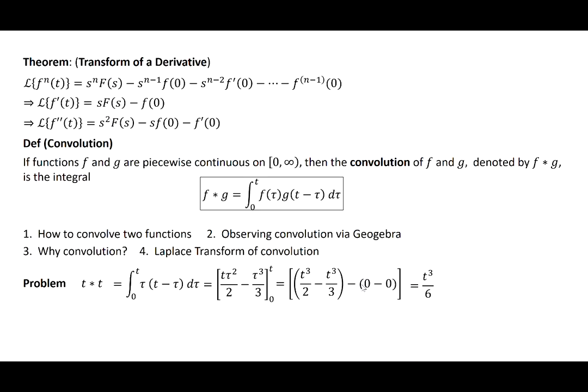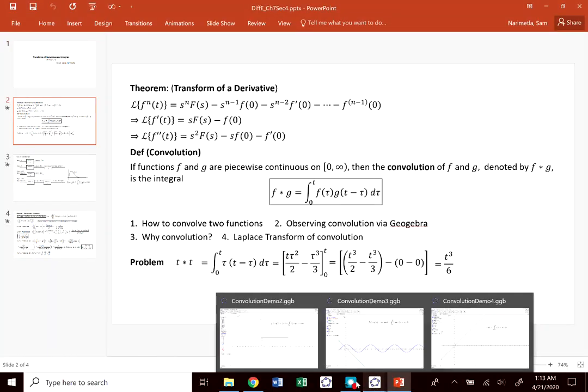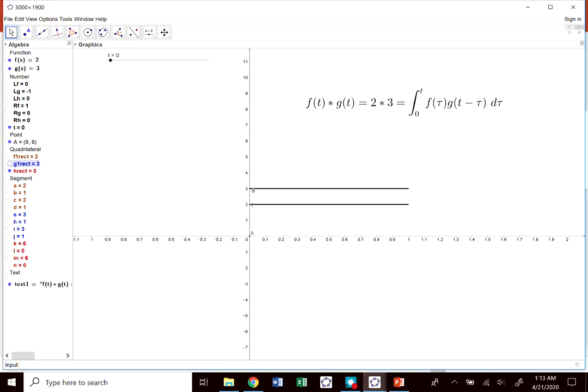Now, I'm going to show you this. I talked about observing convolution via GeoGebra. Let me take you there. Take a look at this. What we are trying to convolve is two functions. f of t is 2 and g of t is 3.